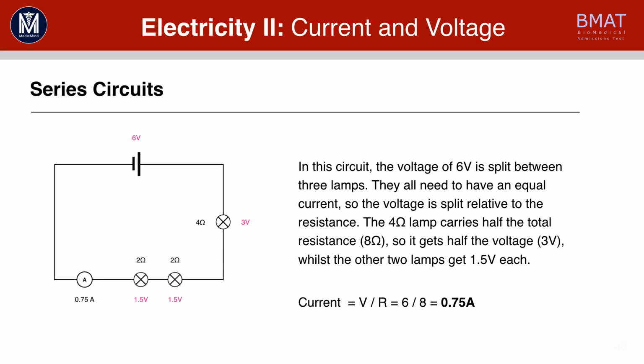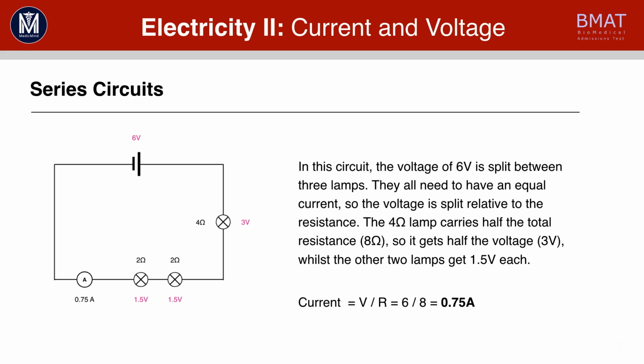However, the share of voltage amongst the lamps is no longer even. It's not a case of dividing 6 by 3 and giving each lamp 2 volts. We need to make sure that each lamp has 0.75 amps traveling through it. So for each individual lamp, you can take its resistance and take the value of 0.75 amps and therefore work out its voltage.